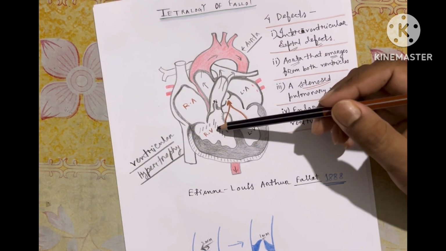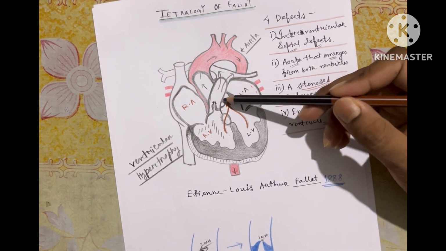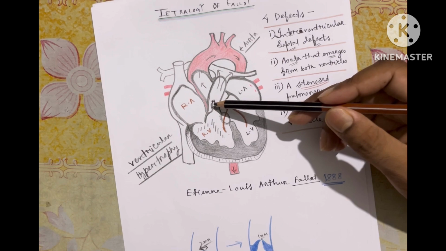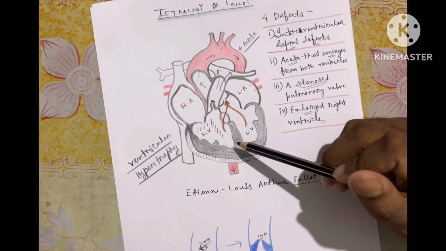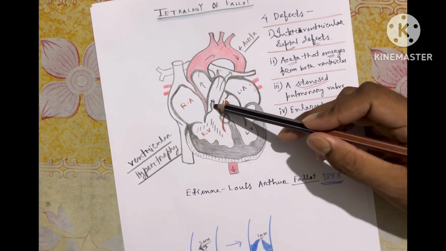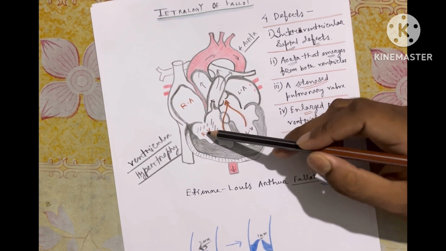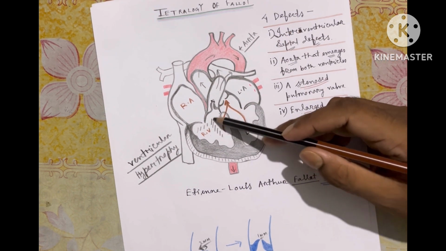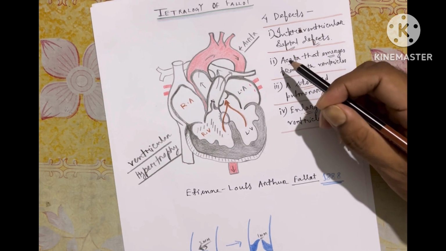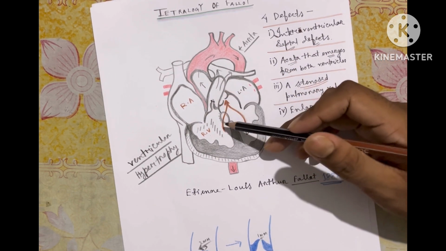So at last we can say that right ventricular hypertrophy develops because of this small opening present in our pulmonary artery. As the pulmonary valve is stenosed, the opening is so small and our right ventricle has to work so forcefully to push all its content towards our lungs, because there is almost a blockage in that part.